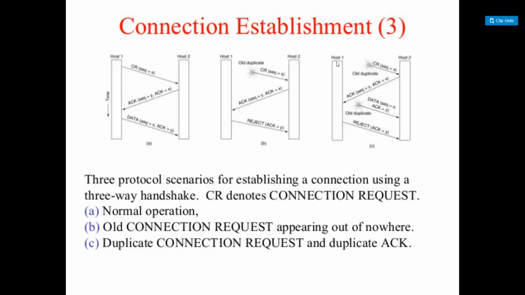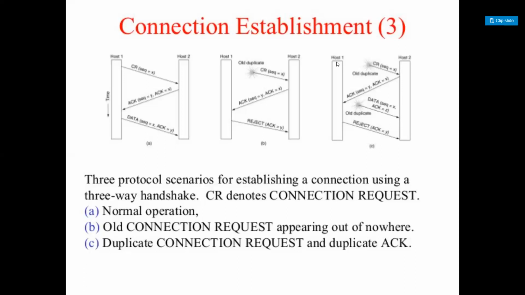For the received request from host 1, host 2 sends an acknowledgement for sequence number X. For sequence number X, the acknowledgement is ACK X, and host 2's packet contains the sequence number Y.